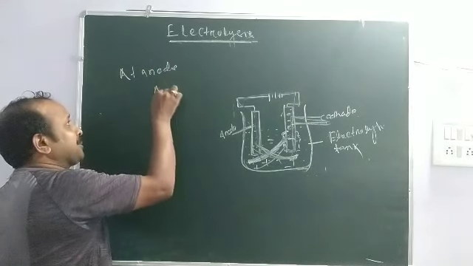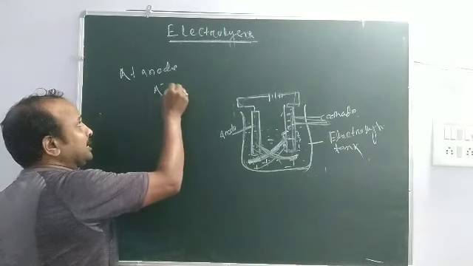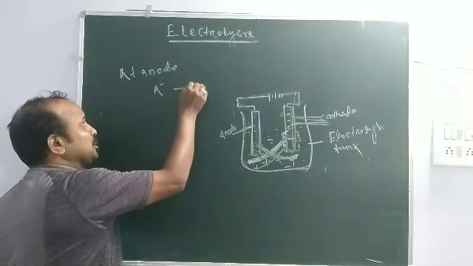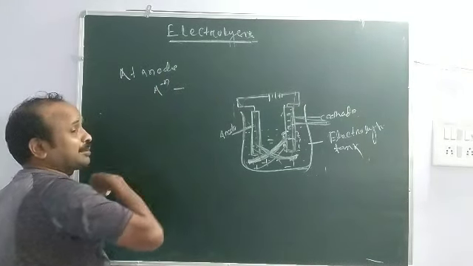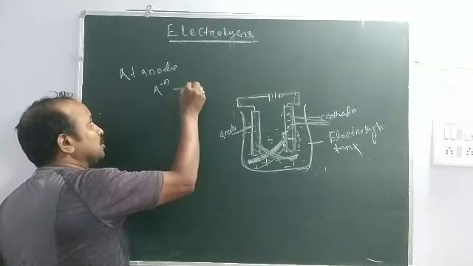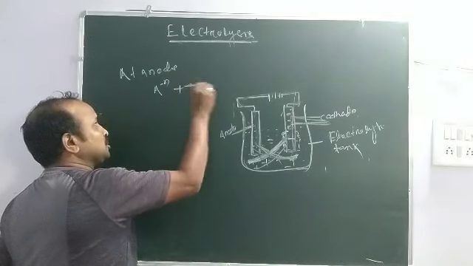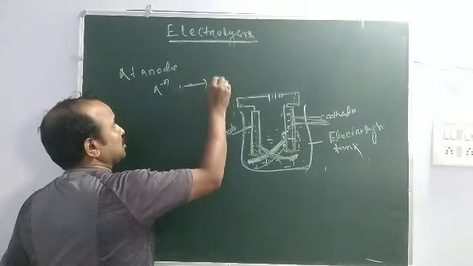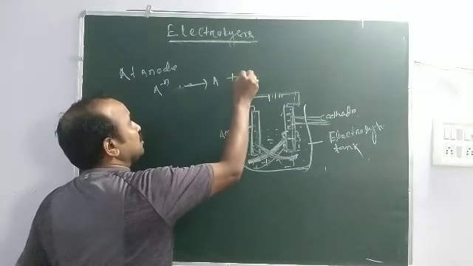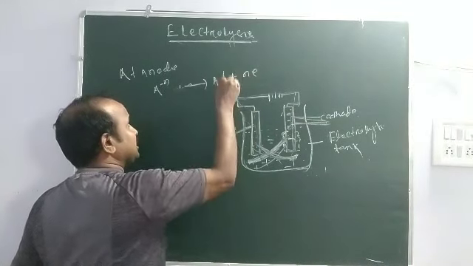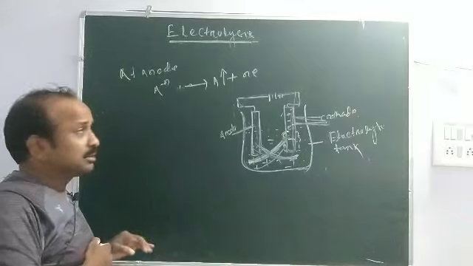the negative ion, the anion, reaches the anode and loses electrons. Suppose it is Xn-, then it loses n electrons, and it is liberated at the anode.